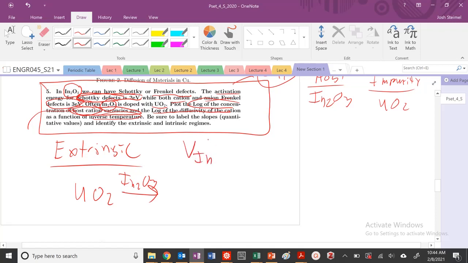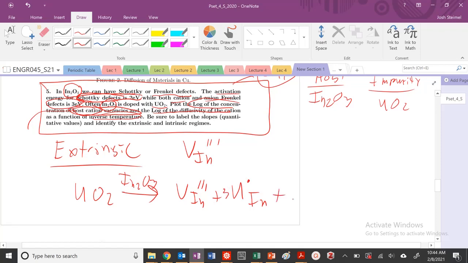So when we write our reactions, I need a reaction where I have a vacancy in indium, and it's 3 here. What else can give me a positive charge? Well, if I do a substitutional cation where U replaces indium, I go from 3 plus to 4 plus, that's 1. So I do that by 3.